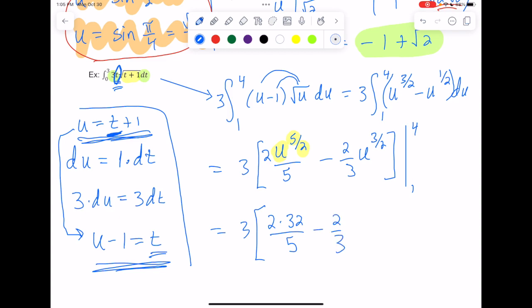Now we're going to plug the 4 in here, take its square root, which is 2, raise that to the 3rd, which would be 8. So times 8. And then, let's put that in parentheses. That's what we get when we plug in the 4. Minus, what about if we plug in the 1? That's a little easier because 1 to any power is still 1, so we just get 2/5 minus 2/3.